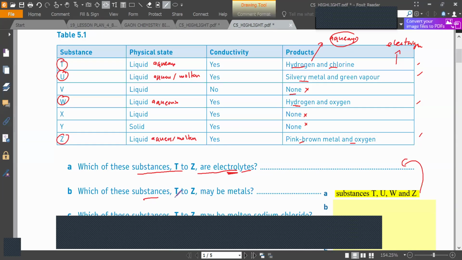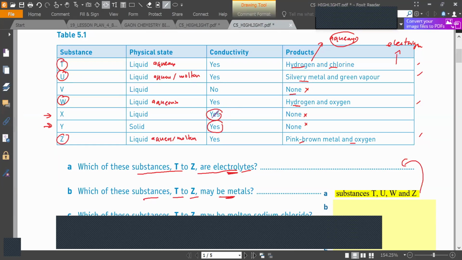Next. Which of these substances T to Z may be metals? So which one could be metal? Our answer will be this, because they can conduct electricity.